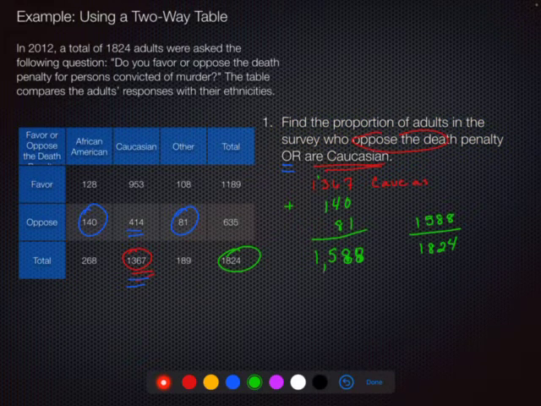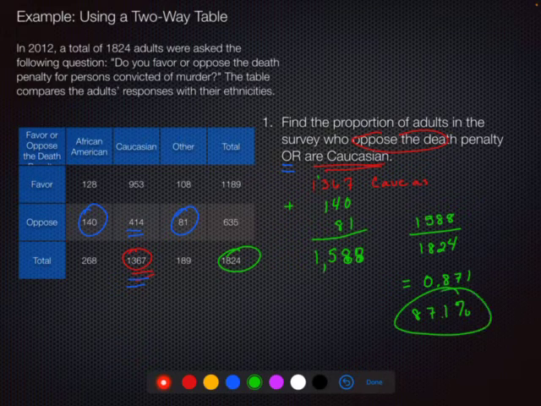So back here, this comes out to 0.871, or about 87.1% were either Caucasian or opposed the death penalty.